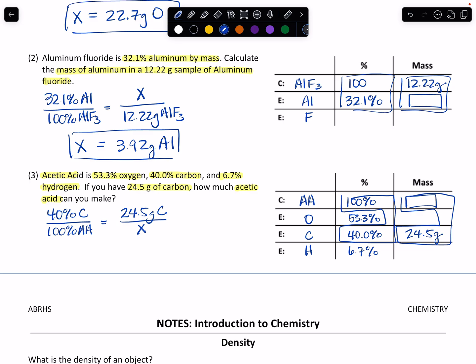So 24.5 times 100 divided by 40 tells us that we are going to have 61.3 grams of acetic acid if we have 24.5 grams of carbon. Again, is this reasonable? We just calculated the whole, which should be greater than the part, which it is.